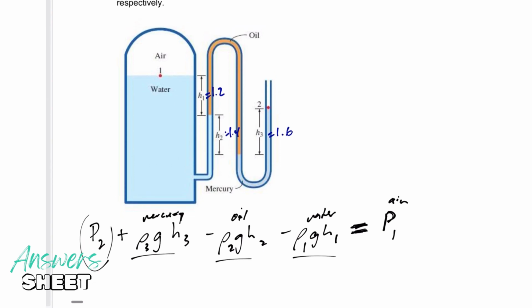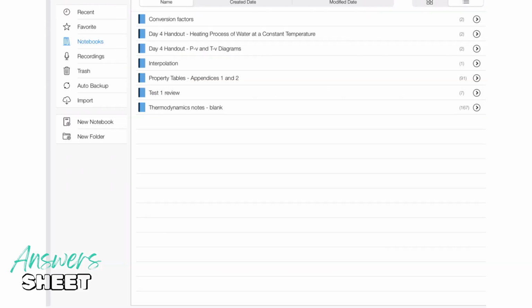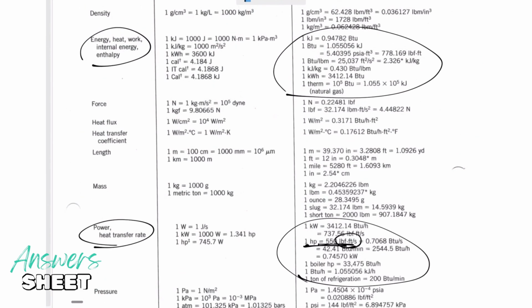All right, so what is the pressure right here at P2? Well, it's open to atmospheric pressure. On our conversion sheet, conversion factors, which you can use, atmospheric pressure is on here.